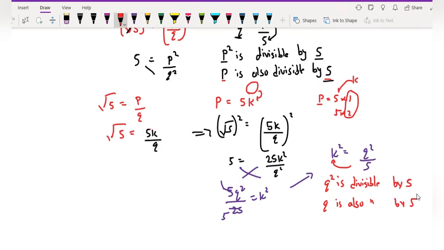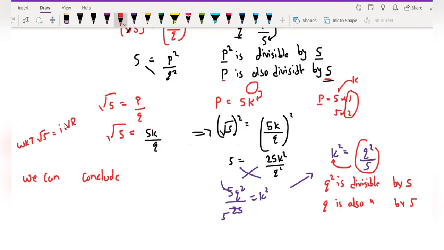If it is divisible by 5, then what can we say? Can you all say? Yes, we can conclude that, as you know, this is in the form of p by q, but we already know that root 5 is an irrational number.